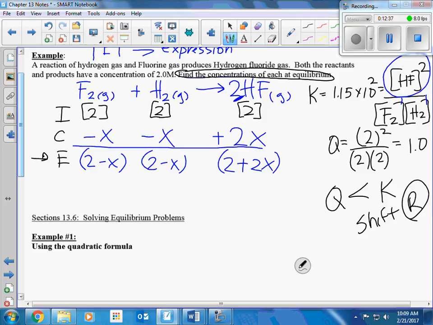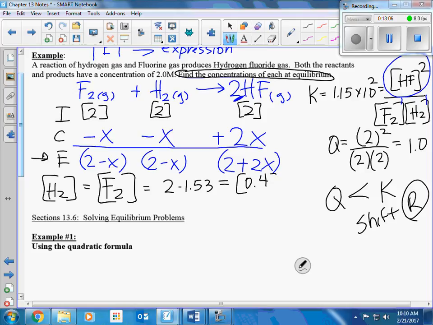And now I need to take 2 minus 1.53, and that's going to be the concentration of fluorine, and happens to be hydrogen because their expressions are the same, at equilibrium. Okay? So our final answer then is the concentration of hydrogen is equal to the concentration of fluorine, and I took 2 minus 1.53, and that's going to be a concentration of 0.47.